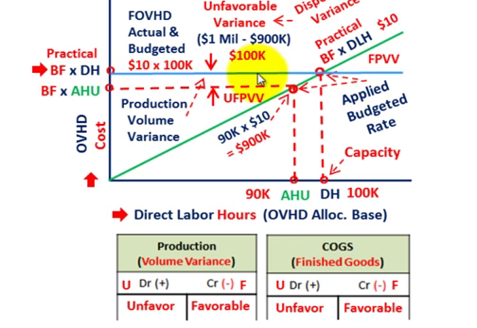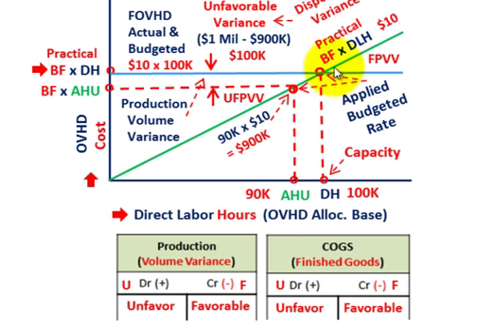So anything below our inflection point, where our applied rate intersects with our fixed rate, is unfavorable, and that would increase our cost of goods sold. In this case, our production volume variance is unfavorable. Anything on this side would be favorable, where this would reduce our production volume variance.